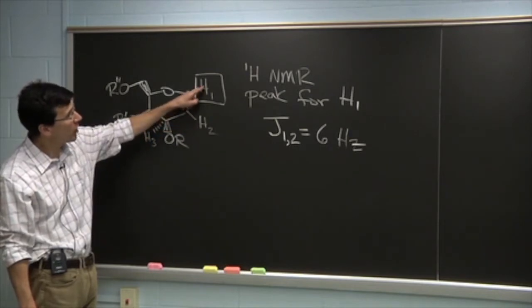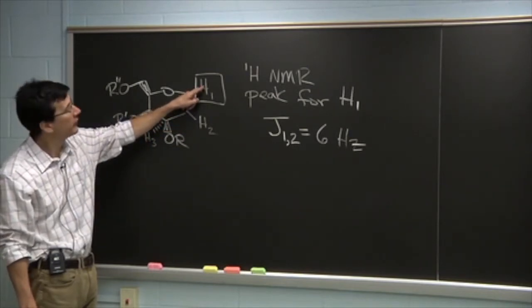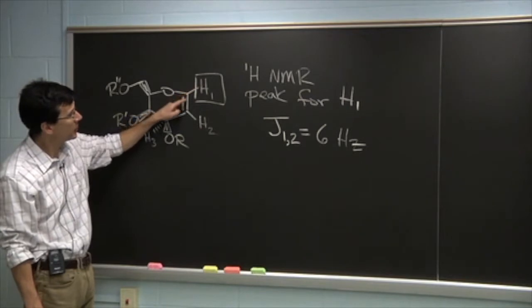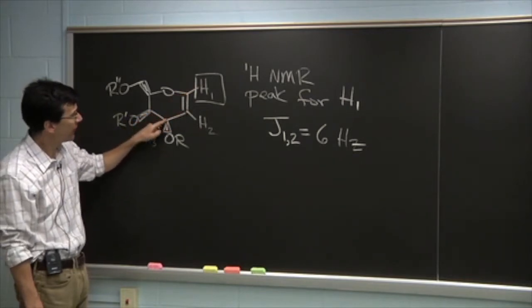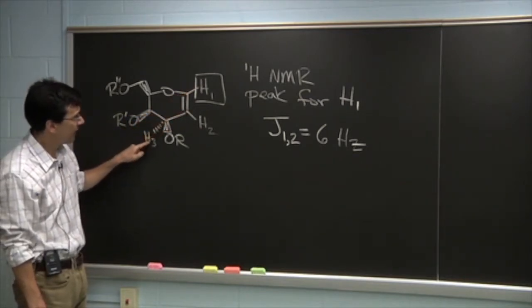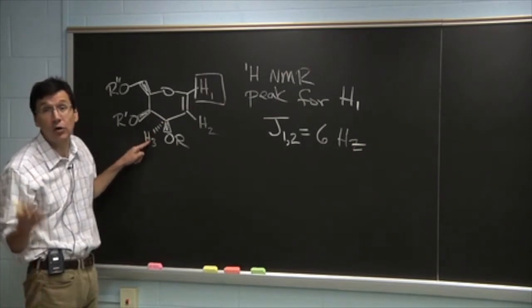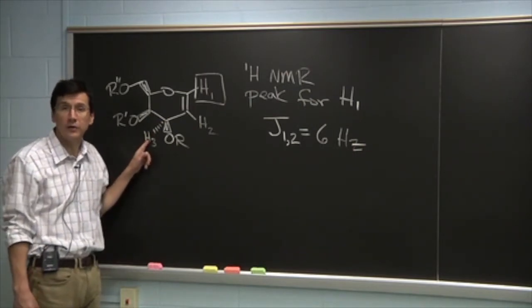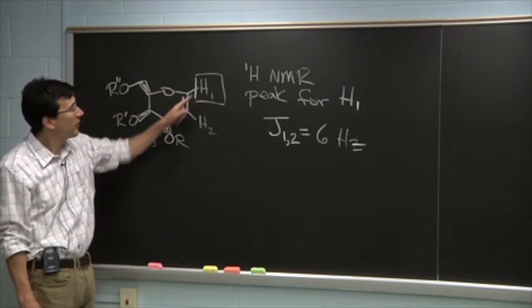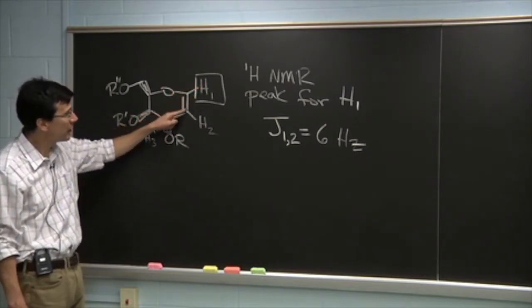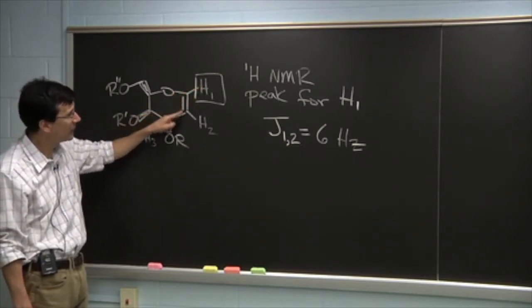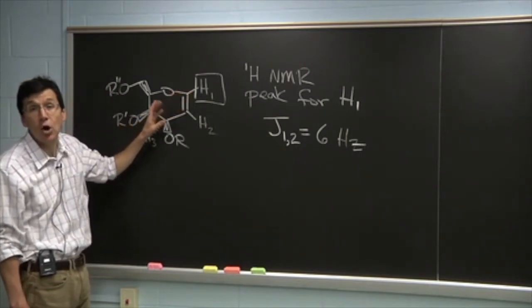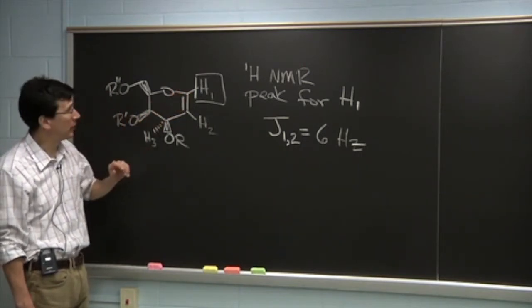If we go from H1 and we start counting through bonds, there's 1 bond, 2 bonds, 3 bonds, and then 4 bonds, and you get to H3. Normally 4 bonds away would be too far to see any coupling. But sometimes when the path between 2 nuclei passes through a pi bond, one will see a longer range 4-bond coupling.